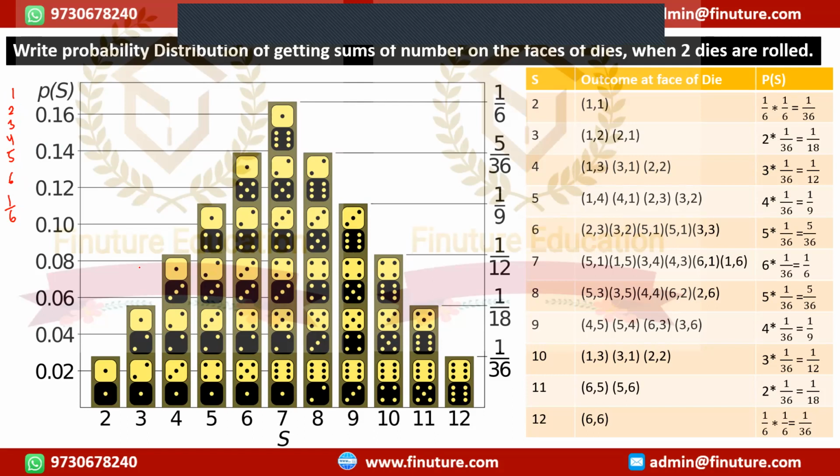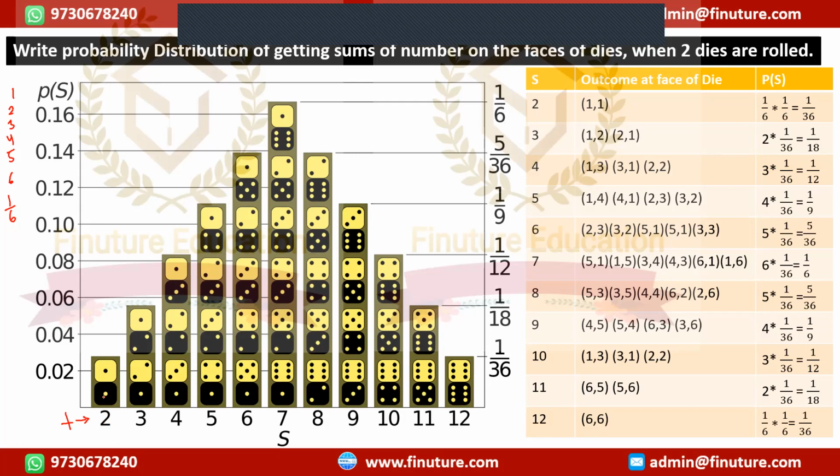In a similar way, on the x-axis, what we have done is we have listed down all the possible outcomes. So when you have one on the first die, one on the second die, the outcome, that is the sum of these two numbers, is 2. And this is the lowest that can happen, because on a die you don't have anything called 0. So the minimum value this event can take is 2.